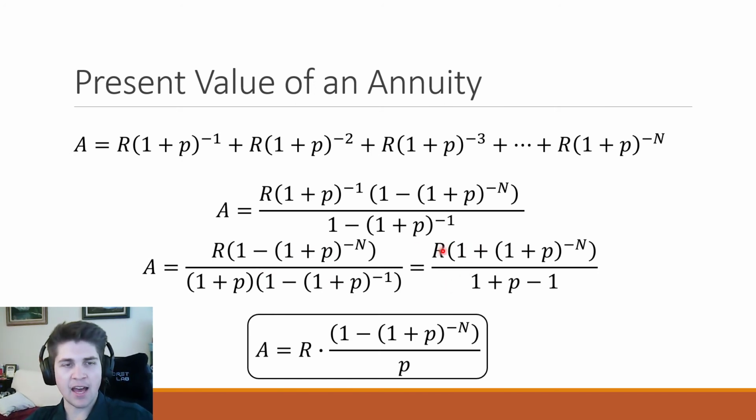On the top, I have my r, which to review was the payment for each of the annuities, or each of the installment amounts. And then I'm left with (1 plus p) to the minus n. This leads us to our final formula for the present value of an annuity, which is the net present value.